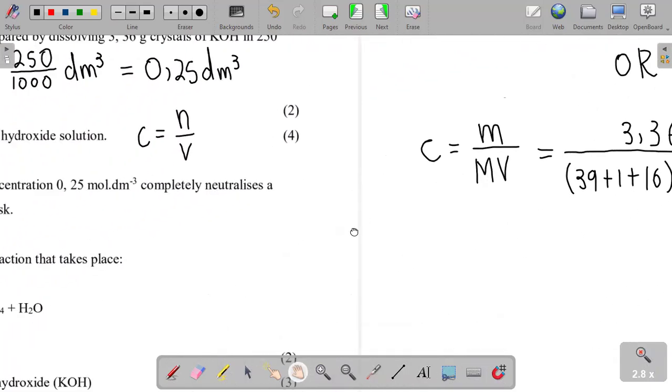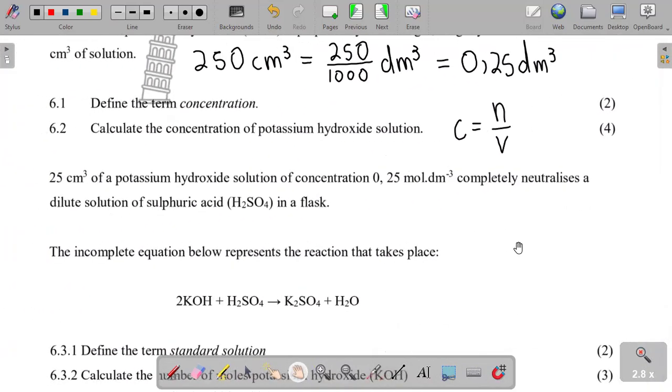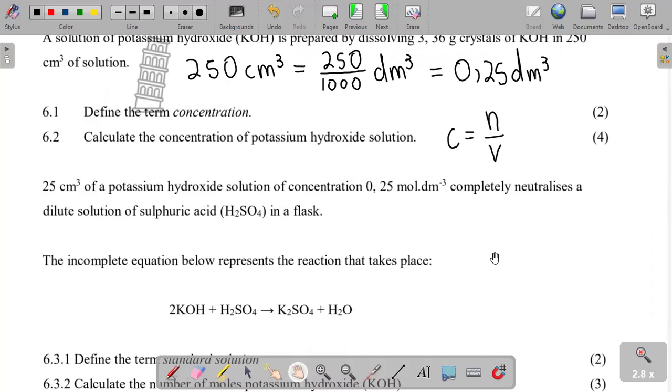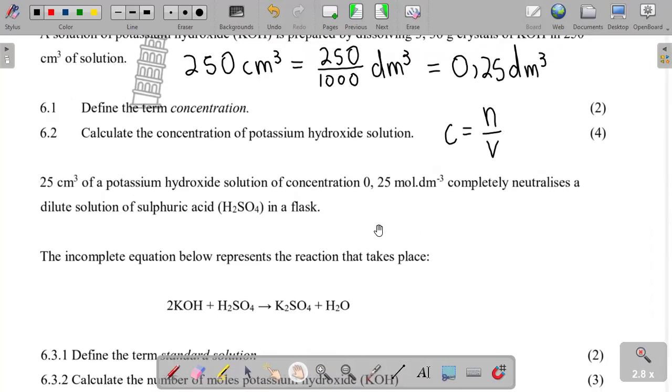So let's go to 6.3. Before 6.3, there's a statement, isn't it? They say 25 cubic centimeter of a potassium hydroxide solution of concentration 0.25 mole per cubic decimeter completely neutralizes a dilute solution of sulfuric acid, H2SO4, in a flask.